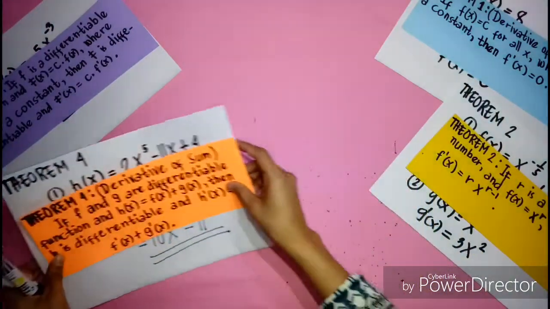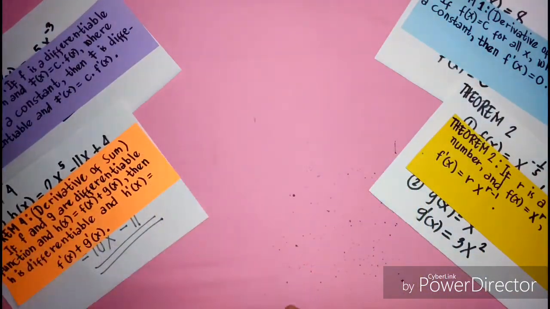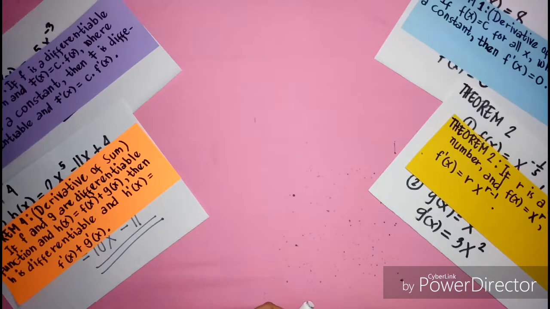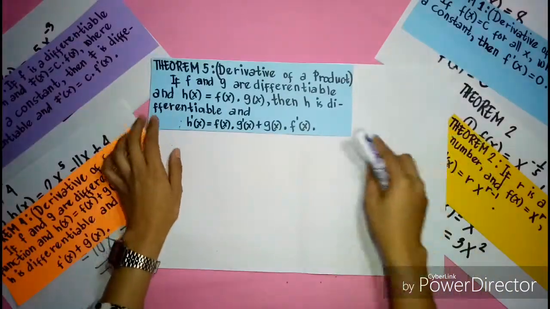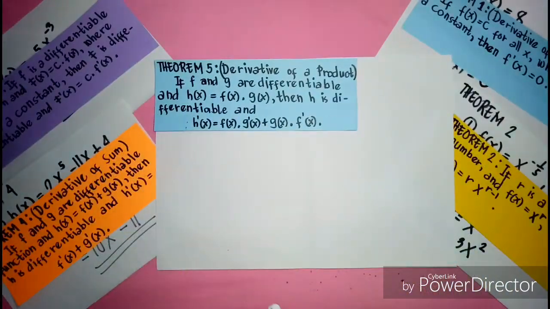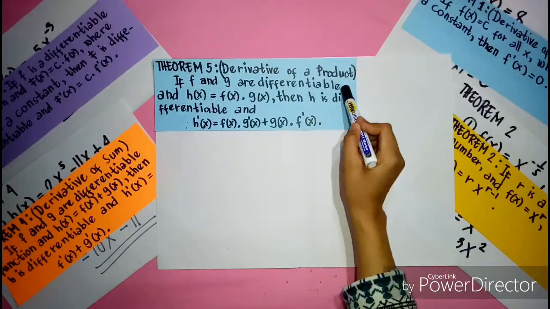So now, let us go to our main goal, the derivative of a product. We have theorem number 5, the derivative of a product.